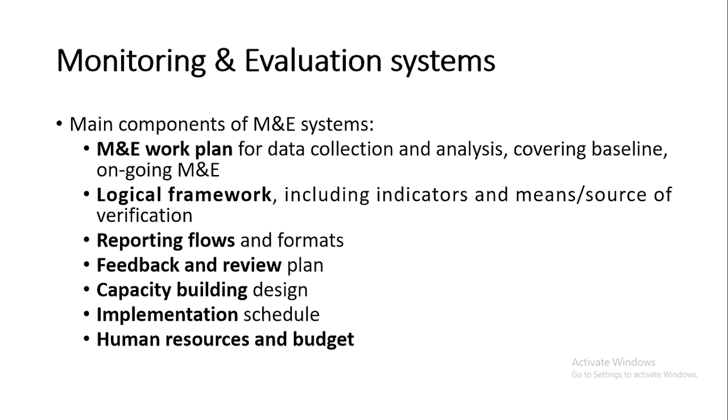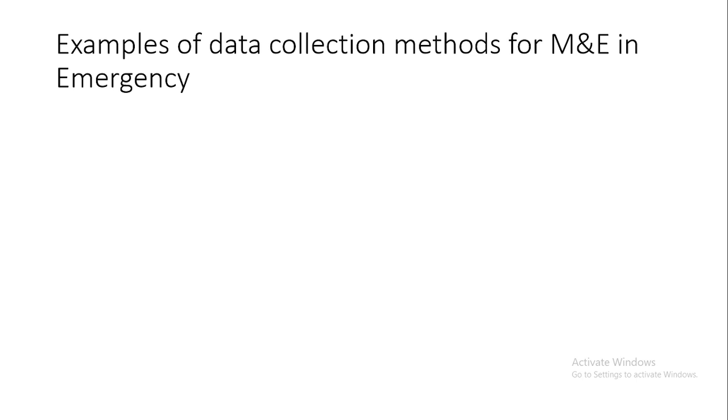Because you have an emergency, you may not have the capacity to handle it, so you need that design, in case people need to be more educated on how to handle particular emergencies, like the recent pandemic or hunger. You may need a capacity building plan in place if we lack the human resources. Then an implementation schedule, that's a must. Then your human resource and the budget.